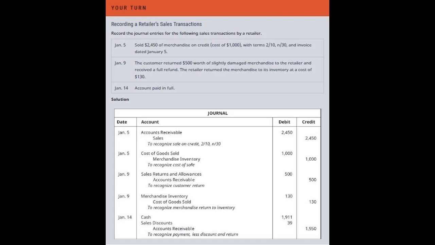There's one very, very, very important point to keep in mind. When the customer buys the inventory, the merchandise, as in this case the customer does on January 5th, there are actually 2 different transactions that occur. Now you might say, wait a minute, customer comes in, buys a product off my shelf. Isn't that one transaction? Technically, no.